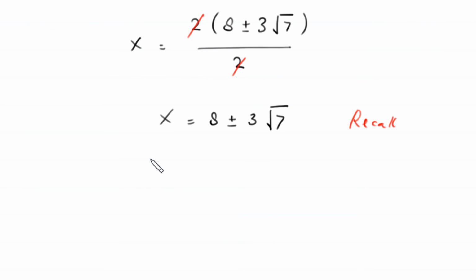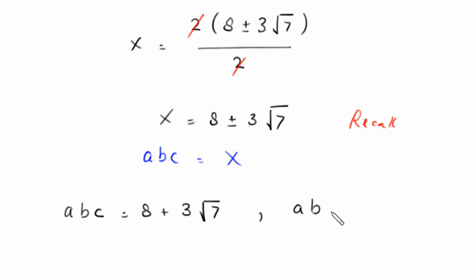We have supposed that a times b times c equal to x. So we get two values of abc: a times b times c equal to 8 plus 3 times root 7, and a times b times c equal to 8 minus 3 times root 7. So we have two solutions for this equation.